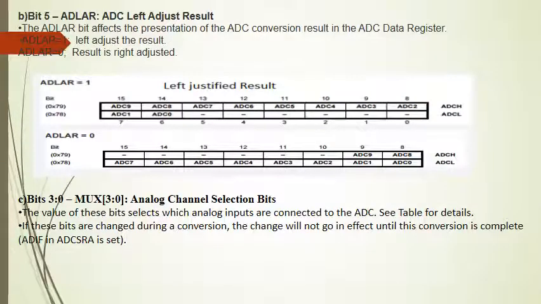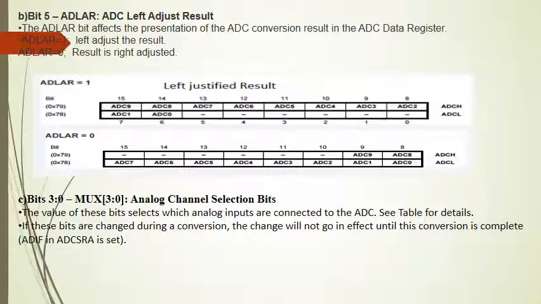The fifth bit is the ADLAR bit, which is used for left adjustment of the result. Now, what is this left adjustment of the result? As we have earlier discussed, the conversion from analog to digital gives a 10-bit number. So the 10-bit number is stored in two data registers, since the registers are 8-bit each.